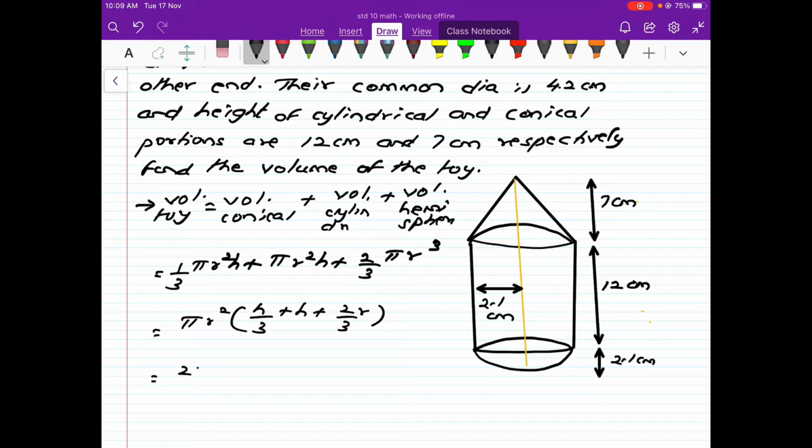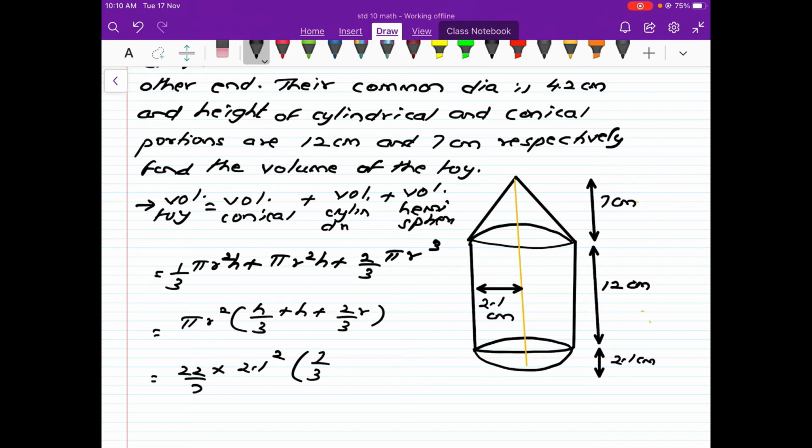So pi means 22/7 into r square is 2.1 square into 1/3. 1/3 we can take inside later. So we'll put brackets into h/3. So the height is given to us as 7. Yeah, this is of the cone.